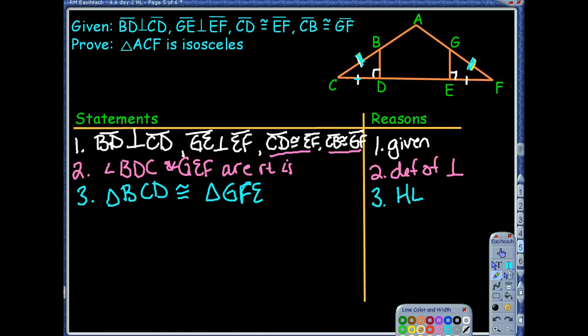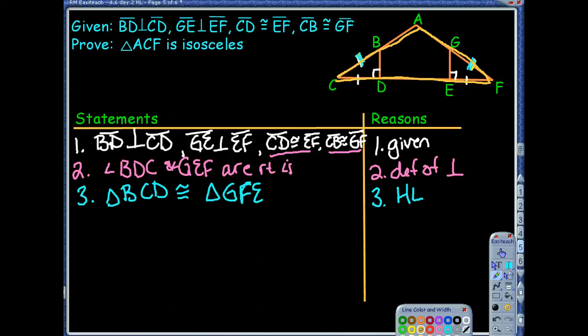Well, they share some things, but I also want to think about something you mentioned yesterday. I remember you said it was great. When you're trying to prove isosceles, you're thinking of the definition. Isosceles means at least two congruent sides. So technically, I need to prove two of its sides are congruent. But the large triangle ACF doesn't have any sides comparable to the two smaller ones.